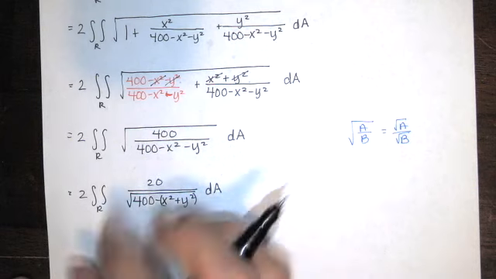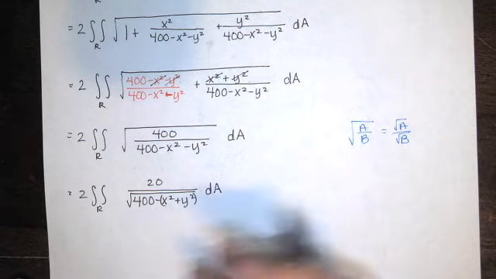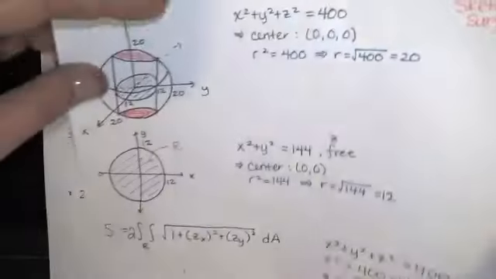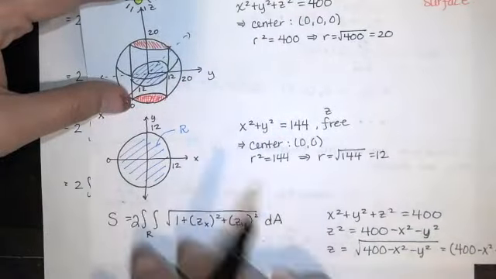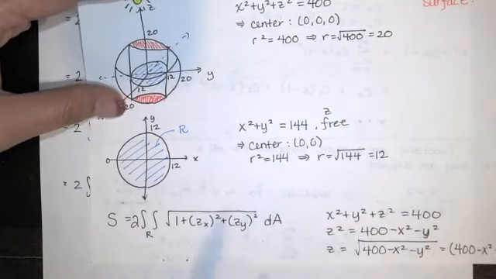So this integrand would be easier to describe in polar coordinates because it has the x squared plus y squared in it, which means that the function itself has some symmetry about what we would typically call the z-axis. And then the region of integration is a circle. So we'll do this in polar coordinates.